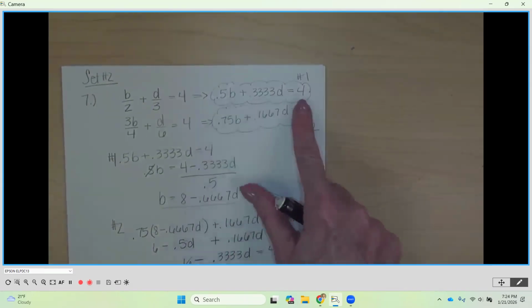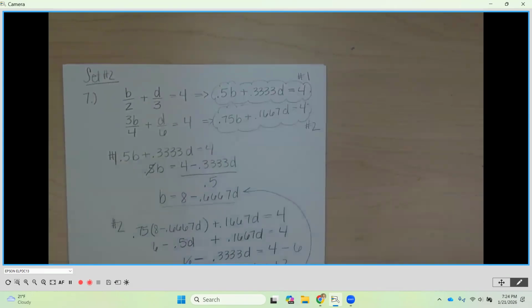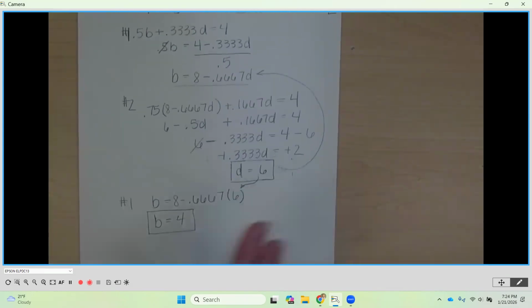So 2 plus 2 is 4. All right. So you don't have to show me that check, but what I want you to do is just go back up and be like, does it make sense? Does that come out to what the 2 equations are? Okay. All right. Any questions on that one? Yes.